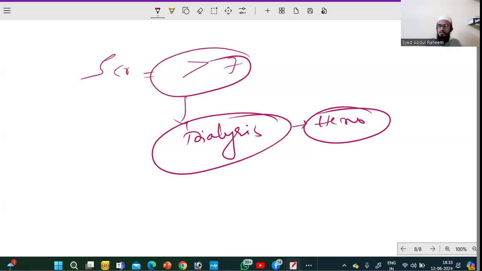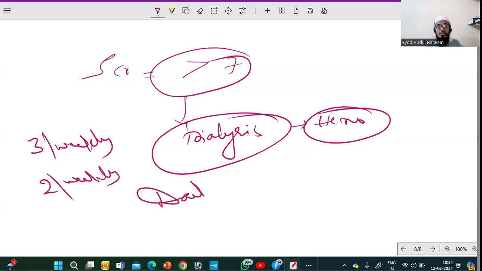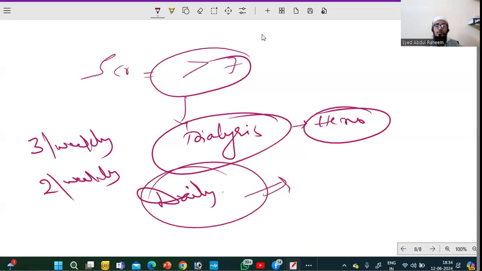According to the condition, some patients need it thrice weekly, some twice weekly, some daily. It purely depends upon the condition of the patient and the serum creatinine level.